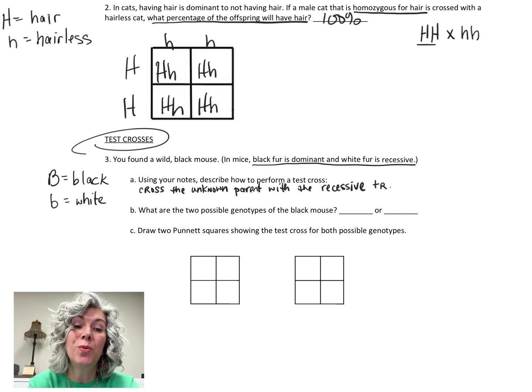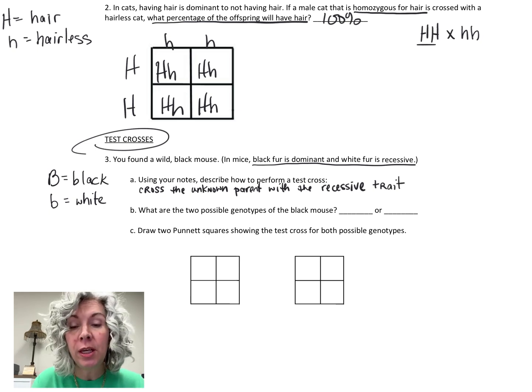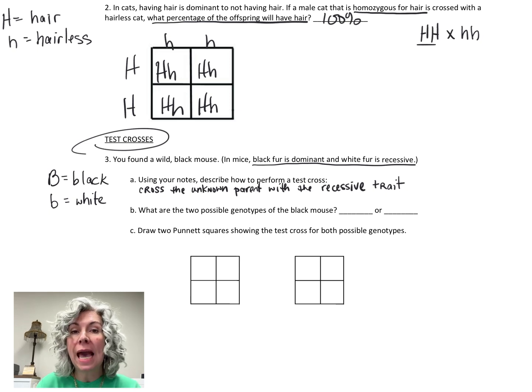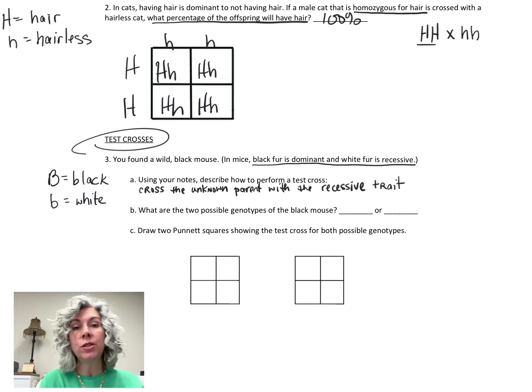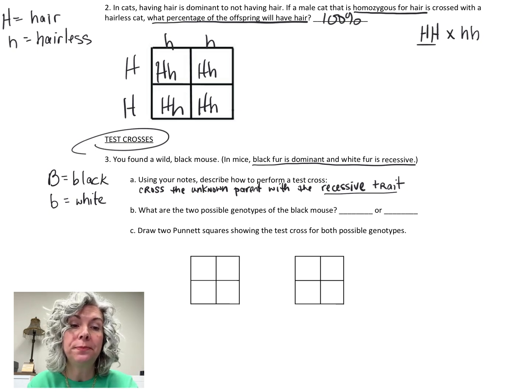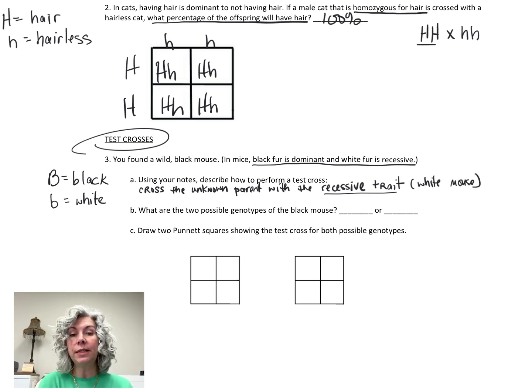I'm just going to use the word trait. Obviously, we're going to cross it with the recessive, in this case, a mouse. So we would cross the unknown black mouse with the recessive trait mouse. So what's the recessive trait in this particular question? Well, it's going to be a white mouse. So we're simply crossing the unknown with the white mouse.